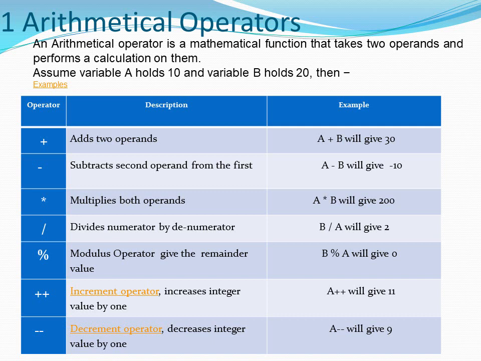So the modulus operator gives the result 0. Then the increment operator, a plus plus, is the increment operator that increases integer value by 1. And last is the decrement operator, that is a minus minus, which decreases integer value by 1.